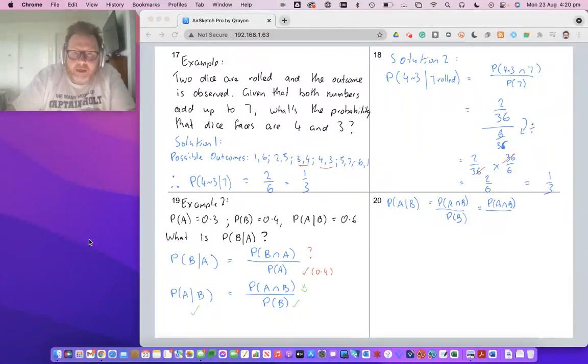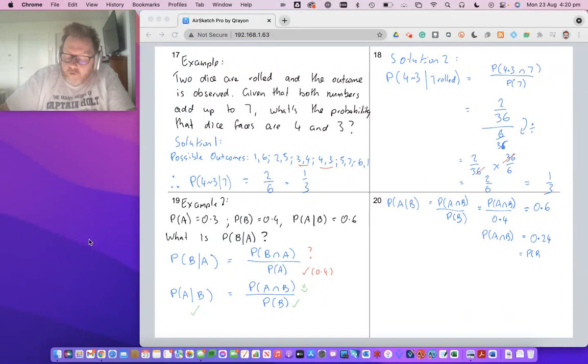The probability of B we do know, it's equal to 0.4. And we know that that's equal to the probability of A given B, which we also know, 0.6. So we can work out the probability of A and B, or A intersect B, is equal to 0.6 multiplied by 0.4, which is going to be 0.24. And that's the probability of B intersect A.